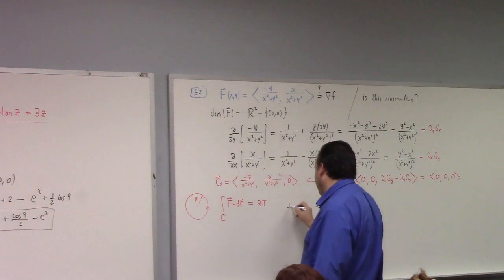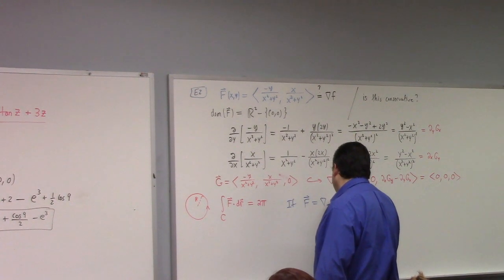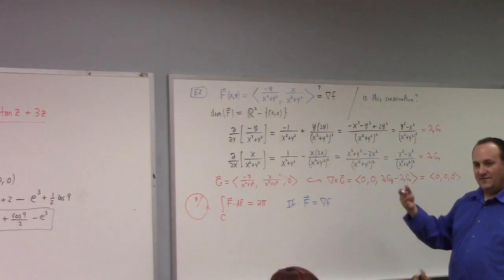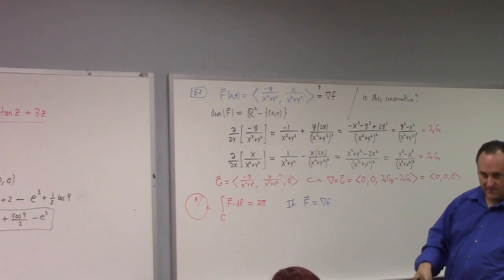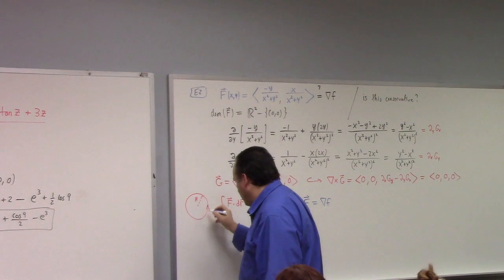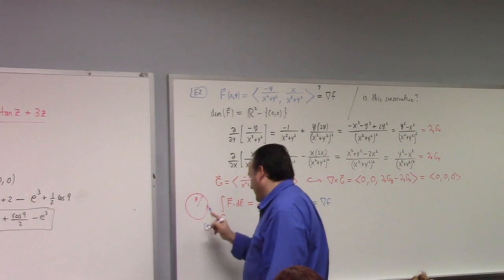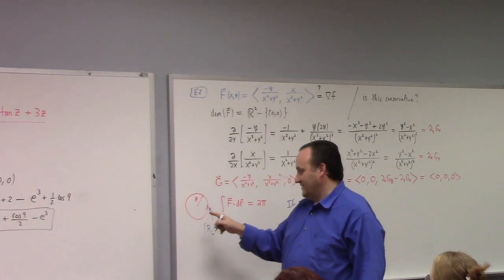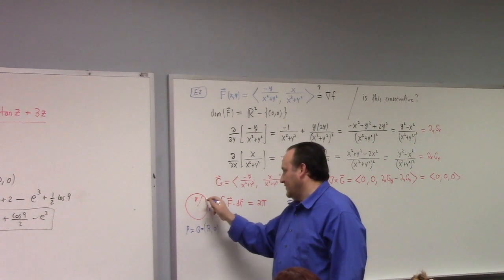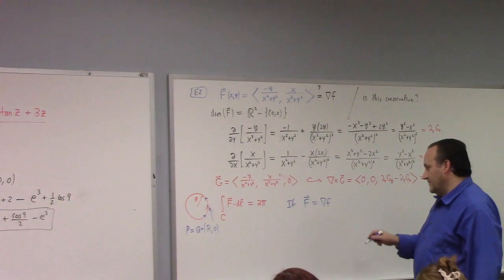If f is equal to the gradient of some scalar function, if it has a potential function, if it's conservative on the totality of that circle, you pick a point on the circle, let's say this point right here, r comma 0. That's a point. It's the starting point and it's the ending point. It's the beginning and the end.